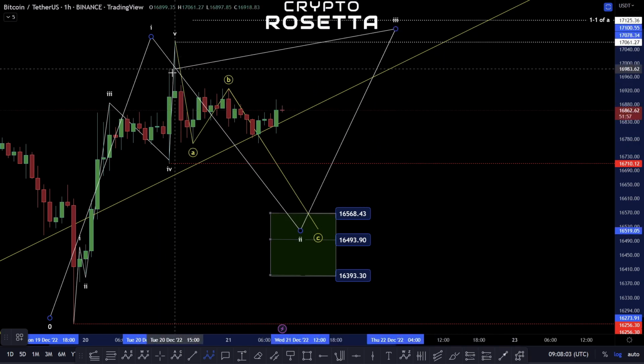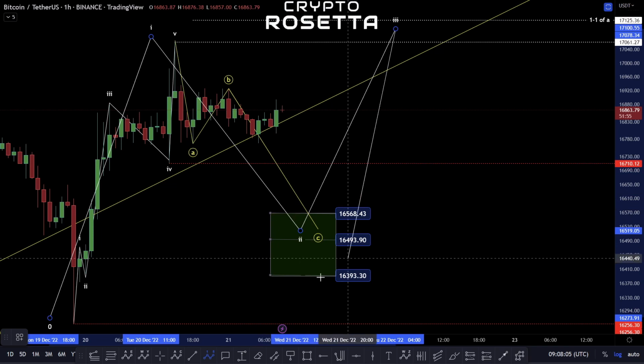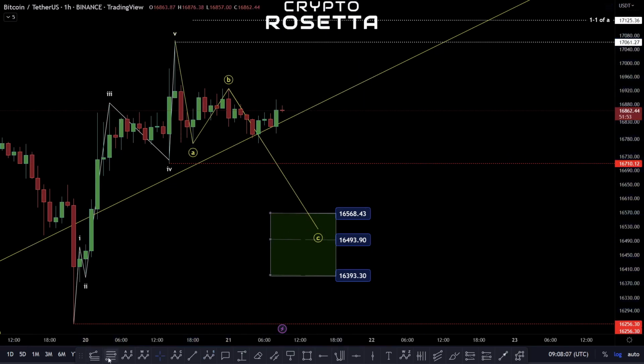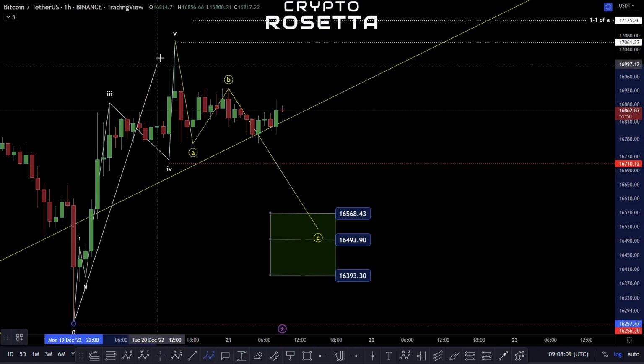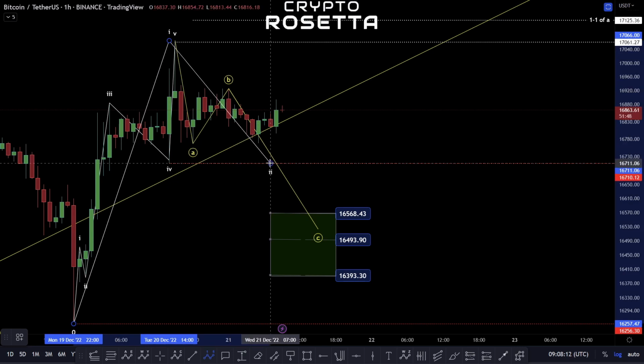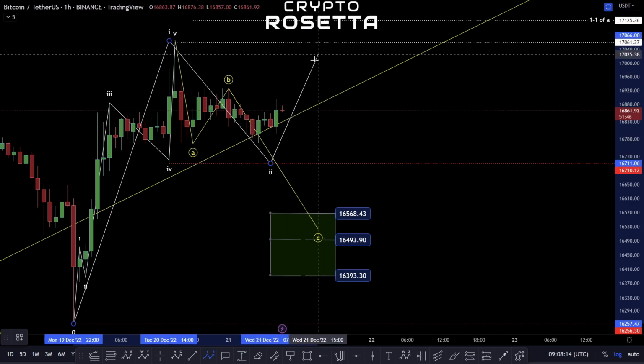It is also possible that we just finish shorter here, we don't come down into the zone, and this basically then becomes our wave 1, and then this becomes our wave 2, and then we look for that push to the upside.